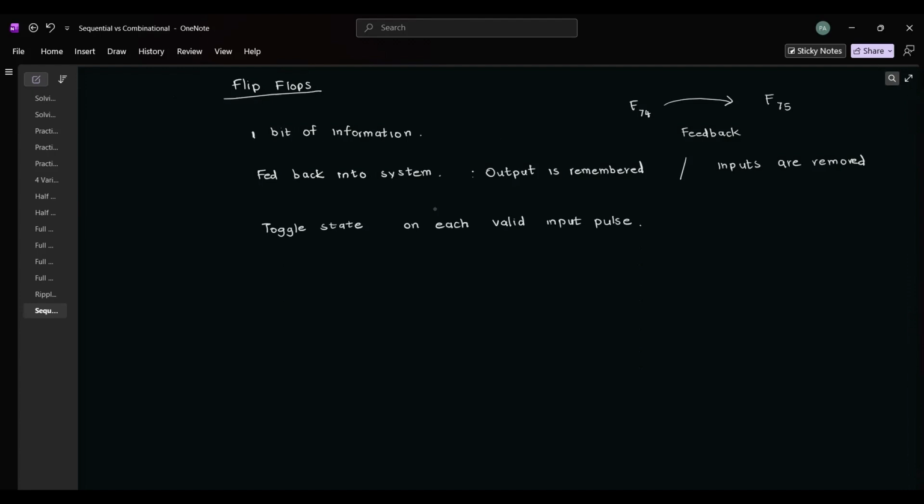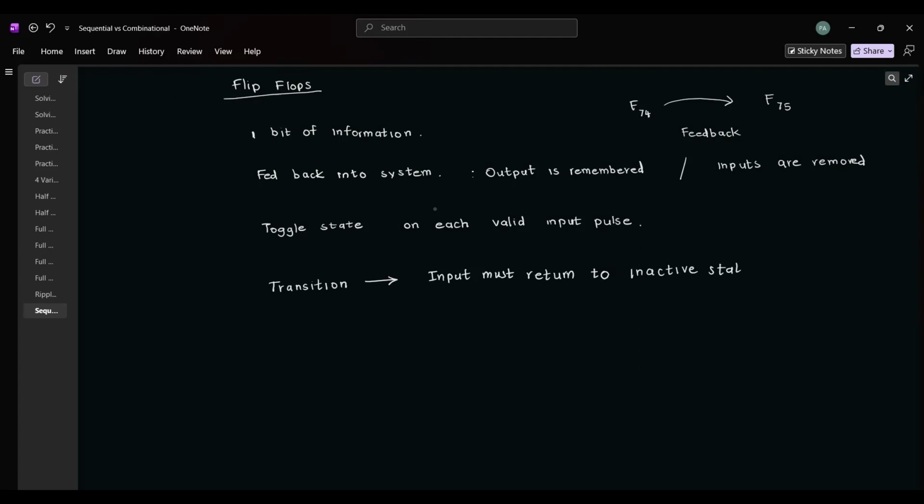Since it can toggle states, for a transition to occur, the input must return to the inactive state.